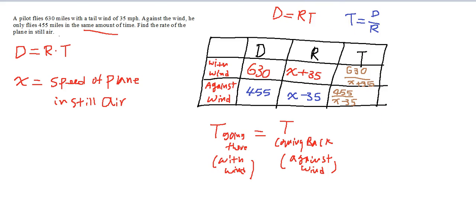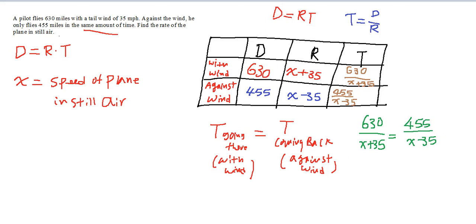But we know that the time it took going over there and coming back is the same, so we have to equate these. 630 over x plus 35 is equal to 455 over x minus 35. That's coming back against the wind.